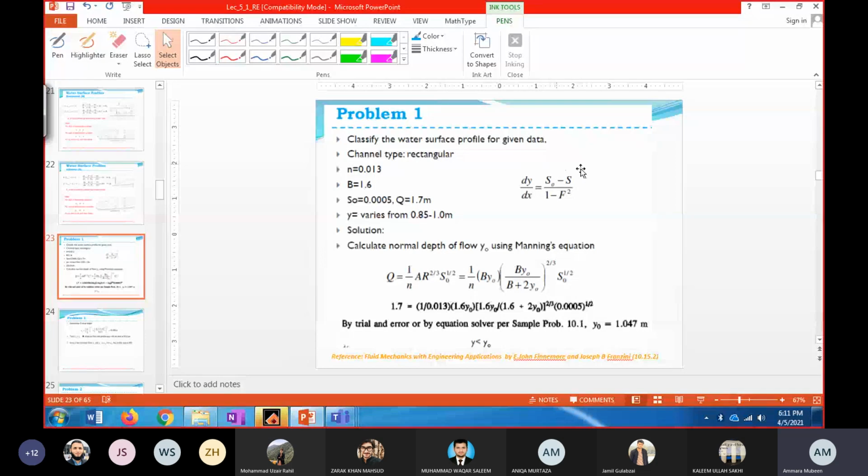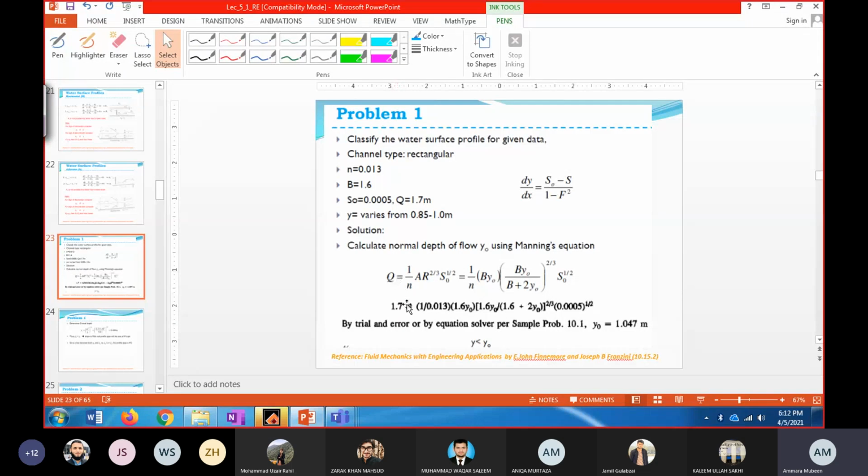You have the governing equation with you. So in that governing equation, you don't have the uniform flow depth value. So first you need to calculate the uniform flow depth value using the Manning's equation, as you are given the Manning's roughness coefficient.